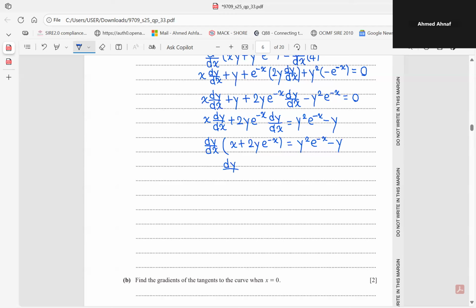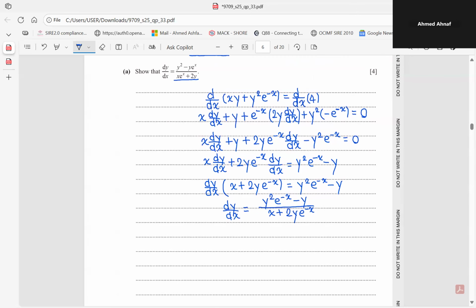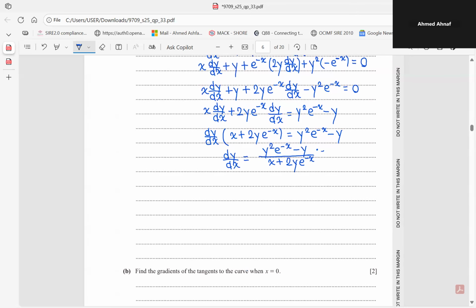Now dy/dx would be equal to (y² e^(-x) - y) over (x + 2y e^(-x)). We still haven't reached our answer. So to do this, we're just going to multiply both the numerator and the denominator by e^x.